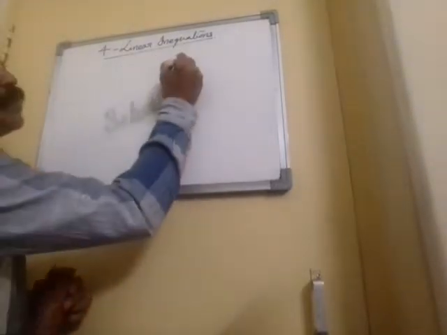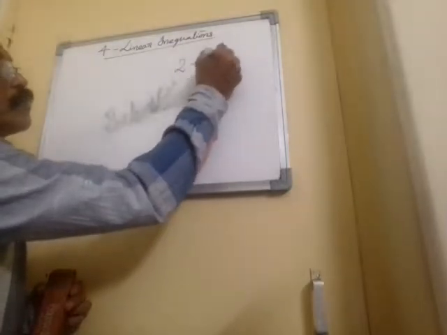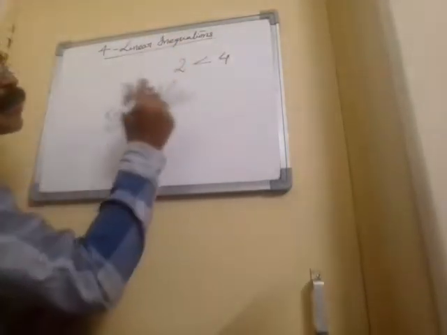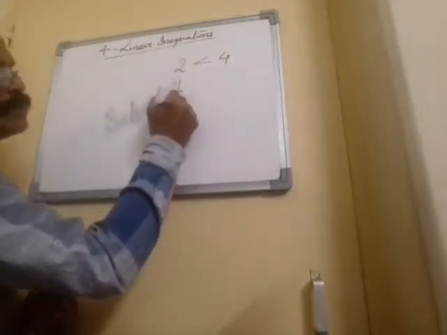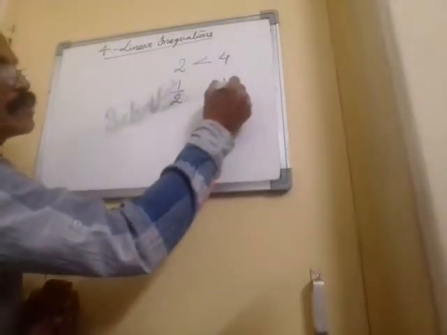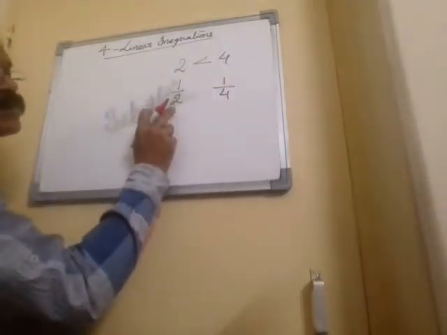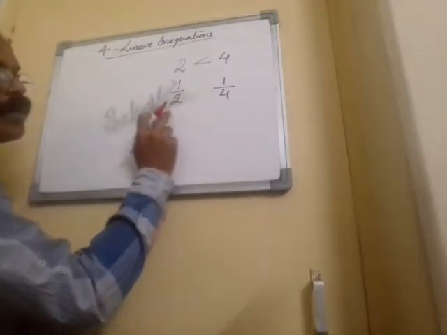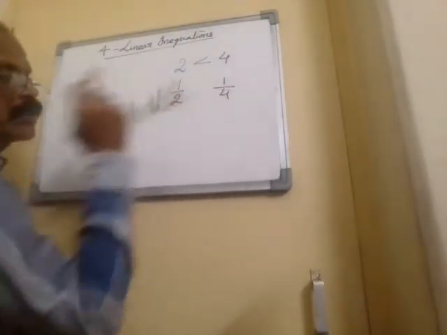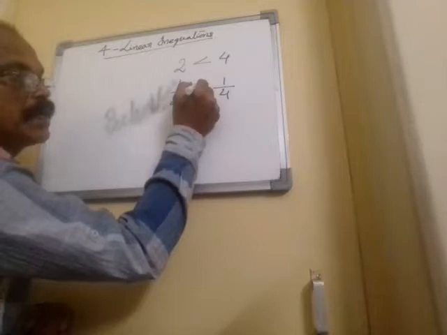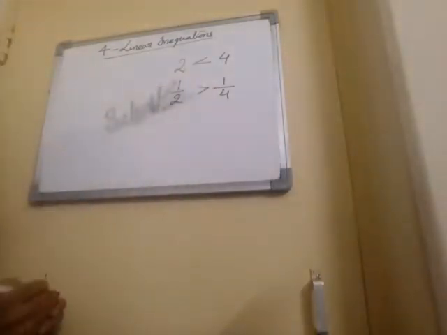Again, 2 is less than 4. Take the reciprocal of 2, that is 1 by 2, and the reciprocal of 4 is 1 by 4. So when you take the reciprocal, half is greater than the quarter, that is 1 by 2 is greater than 1 by 4.